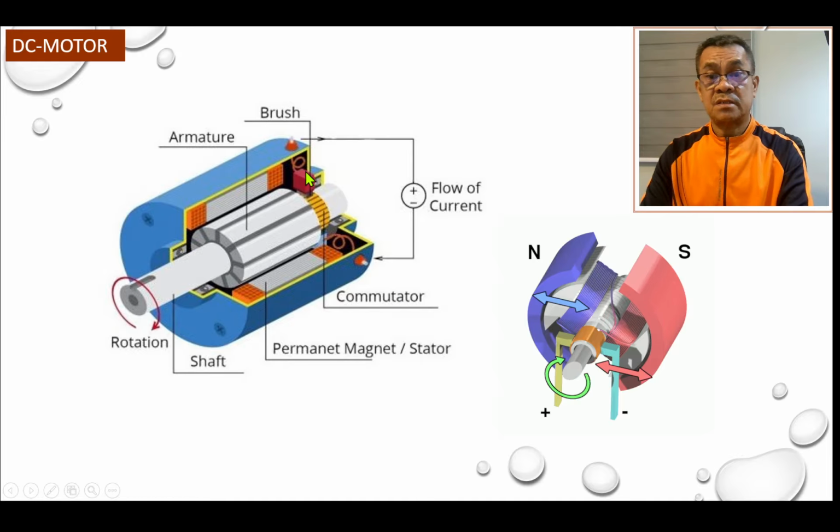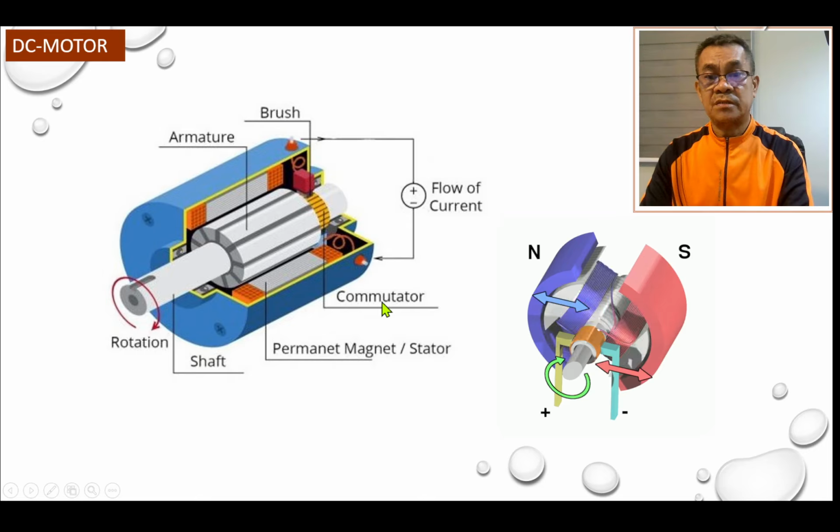So we have two brushes here, one on the positive side and one on the negative side. Then the current will flow from the source and be connected to the brush, which means that the brush here is not rotating. The rotating part is the armature.